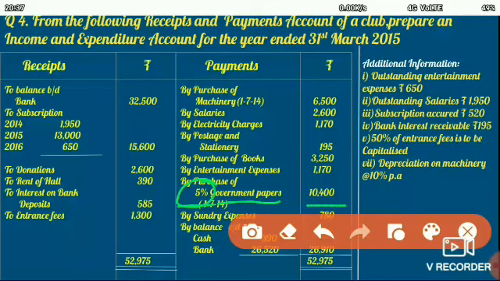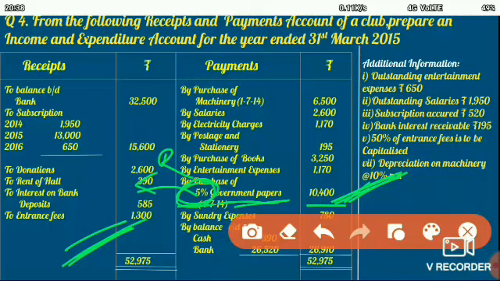Whenever we make an investment, we always show it on the payment side, and when we receive the interest, we always show it on the receipt side. The interest is shown on the receipt side and the investment is shown on the payment side. So this 5% is a revenue receipt. Only the interest that is received is treated as a revenue receipt. Otherwise investment is a capital nature item.